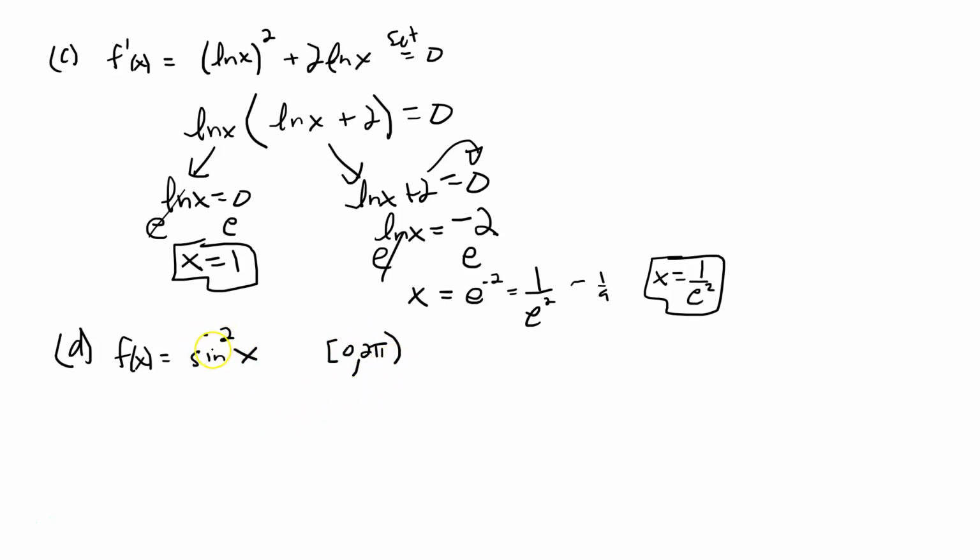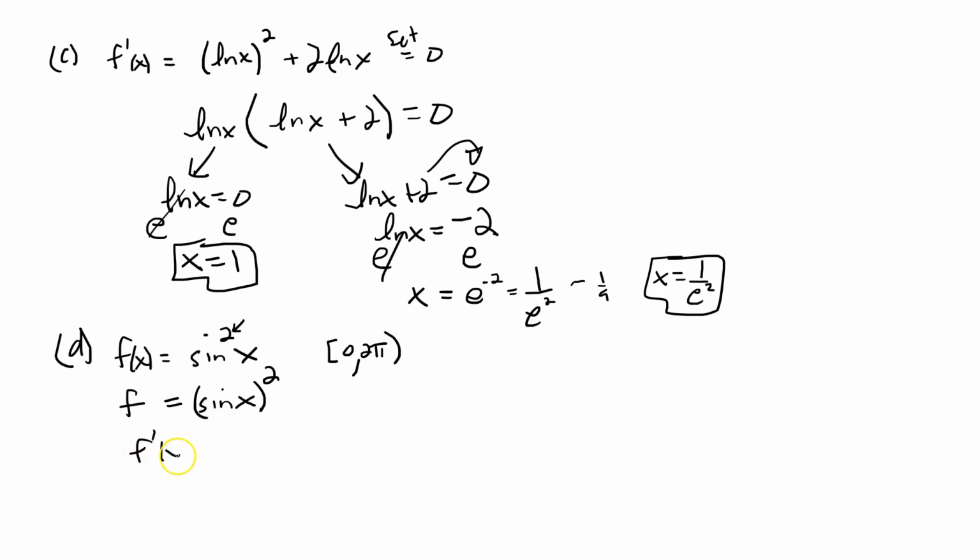The bad thing about how we write these powers of trig is that it could be confused for inverse, and so we want to actually write it as the entire function sine of x, which is squared. They mean the same thing.